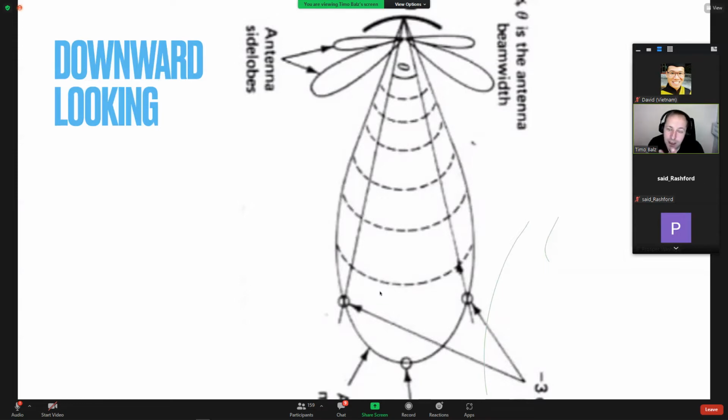But if we are looking toward the side, then I can separate the signals by their running time. I can separate the beginning of the image from the end of the image just by looking at the time when I received that signal. So we can't look nadir because we cannot then separate the signals correctly.